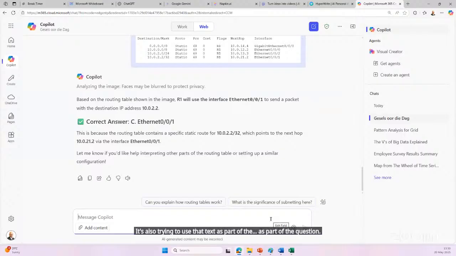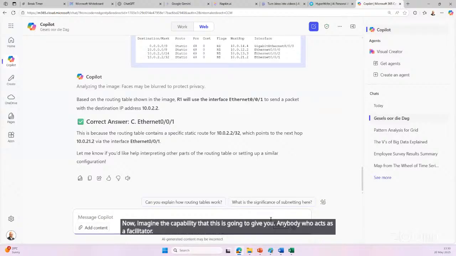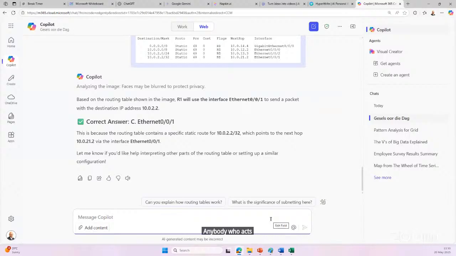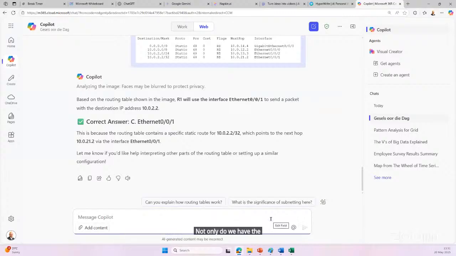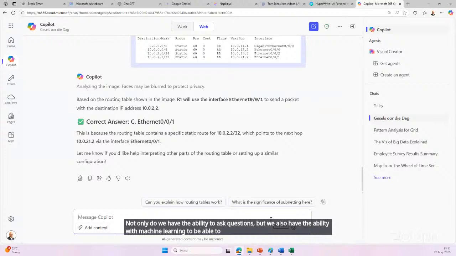Now, imagine the capability this is going to give anybody who acts as a facilitator, a trainer, or a lecturer. Not only do we have the ability to ask questions, but we also have the ability with machine learning to see if the answers we were presented with are indeed correct.